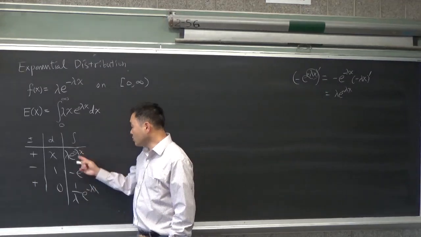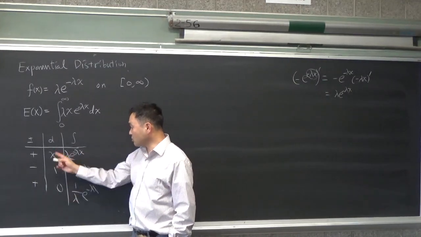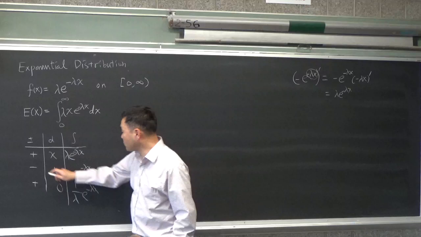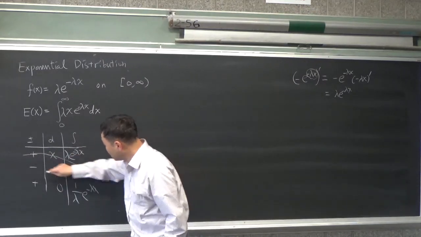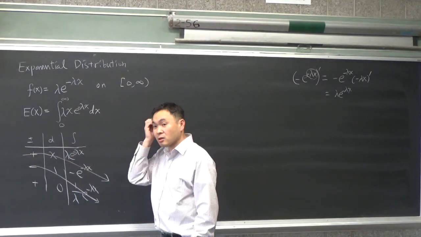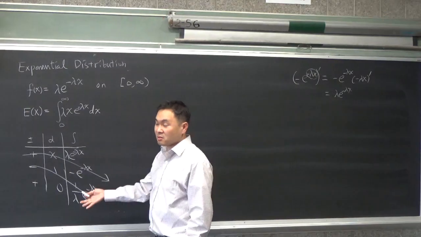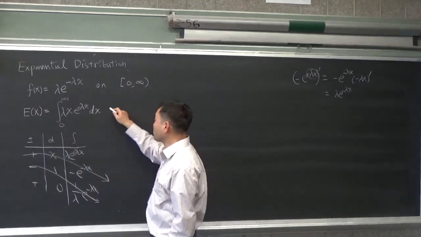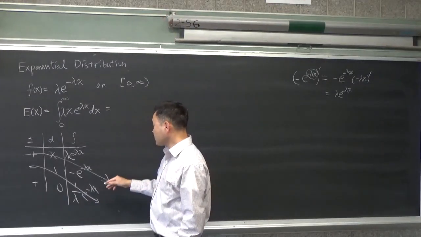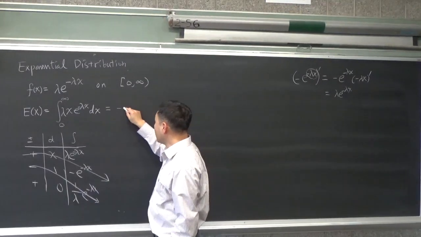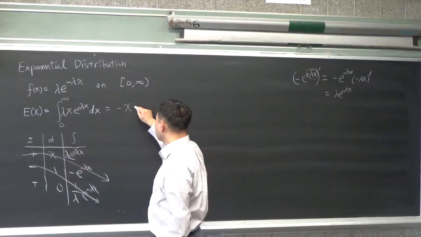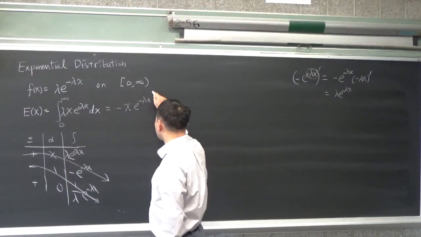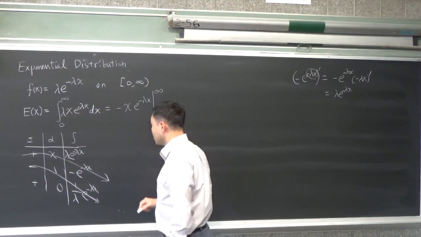Okay? So you do that integral, and once you've completed this, then you just read off like this. 1, 2. Those are the integrals. That's a lot faster than doing the traditional integration by parts. Okay? So you have negative x times e to the negative lambda x, plug in infinity and then 0.